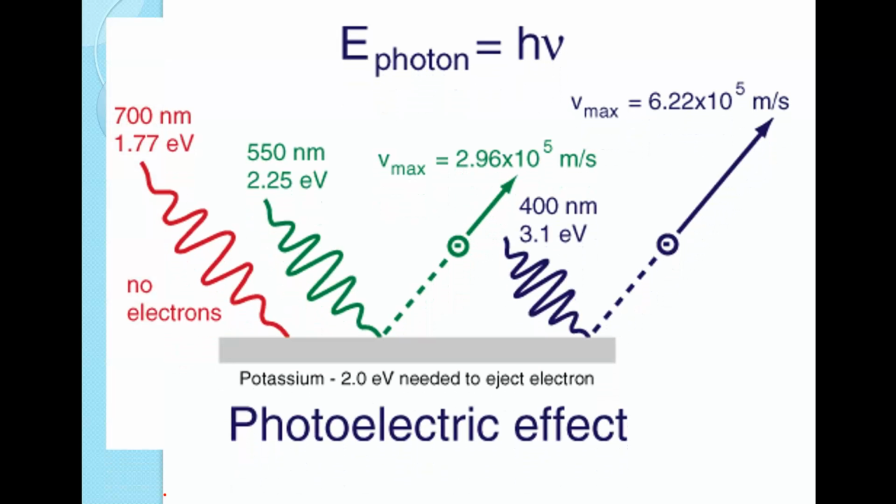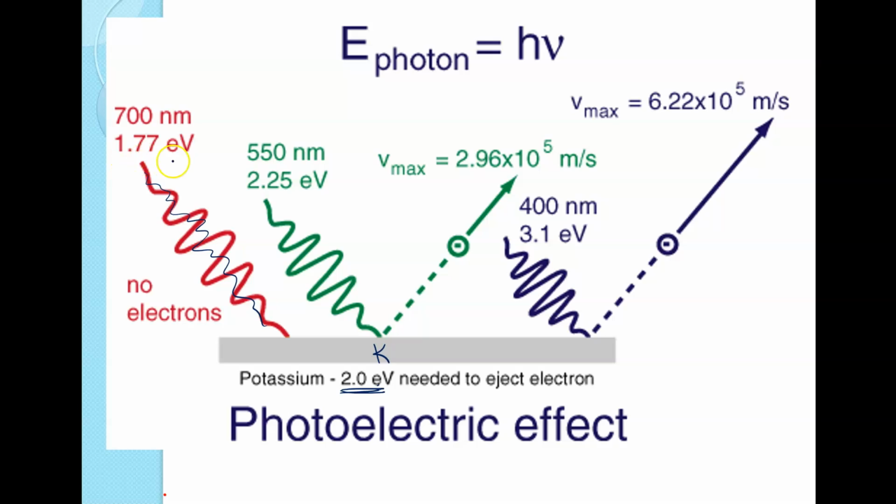So this is what the photoelectric effect looks like. So bear with me. So you have here a chunk of potassium. And they know that it takes this much energy, 2.0 electron volts, to take one electron and make it fly away. Okay? If they shoot it with red light, they can shoot red light at it forever, and nothing will happen.